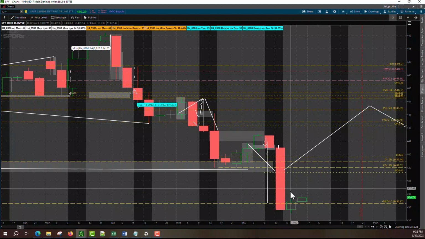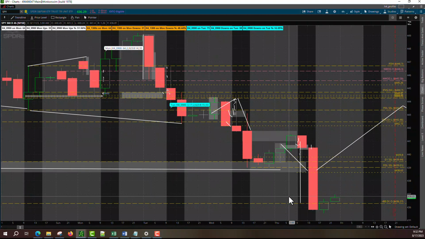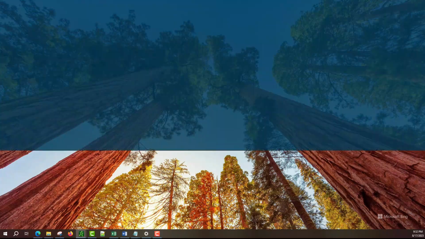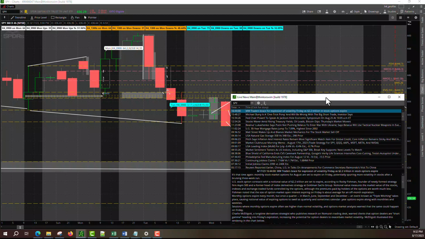It's a $4, $5 move right there. That's what I want to show real quick. And also one more thing, look at this white move down here, because of OPEX, right?